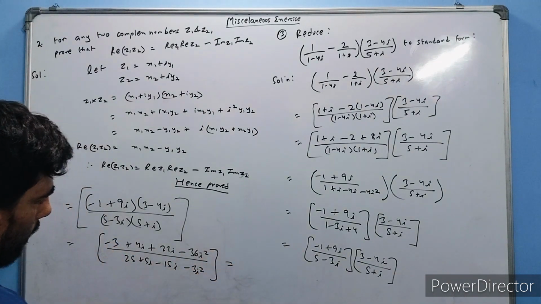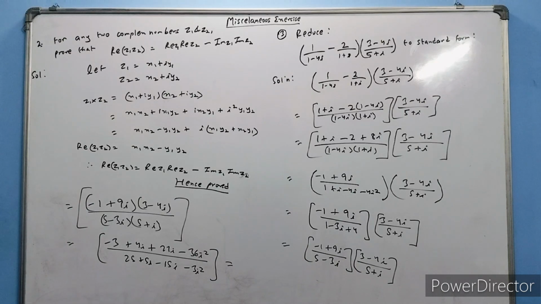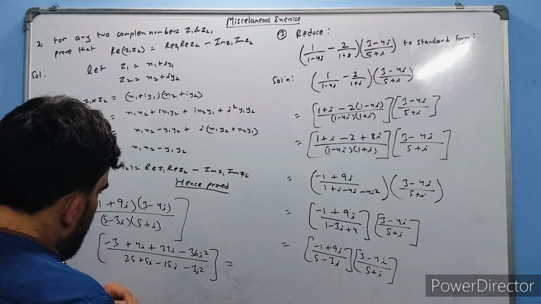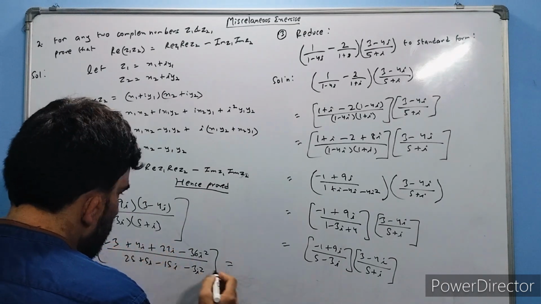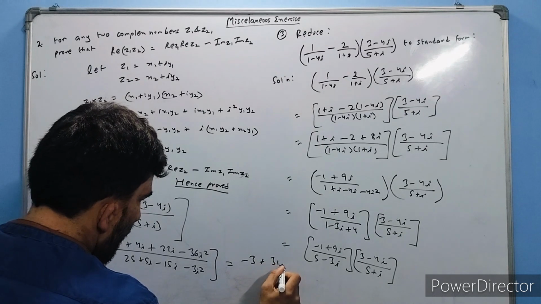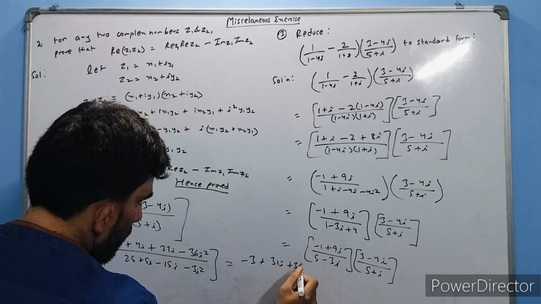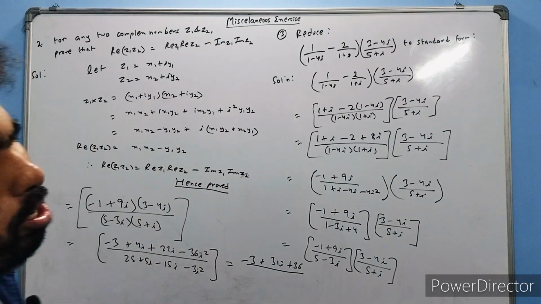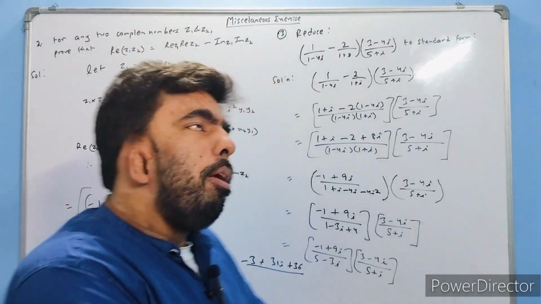Now further solving it, what we got here is i square is minus 1. So now we can arrange them. We have 31i plus 36, because we all know the value of i square will be minus 1.